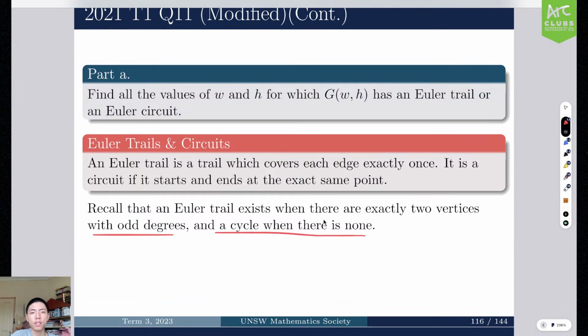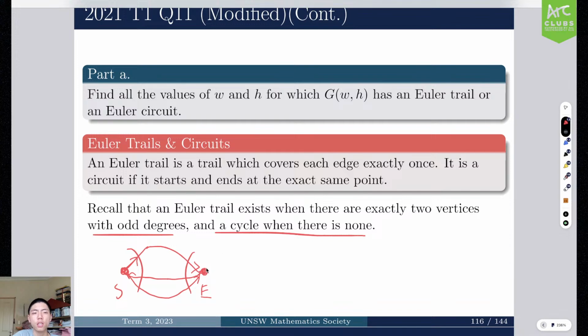The reasoning behind this is, if we want to come up with an Euler trail that goes from some beginning, let's call this the start and this the end, there would be one exit and one entry. If we wanted to go back to the finish line again, we would now need 3 degrees here and 3 degrees here.